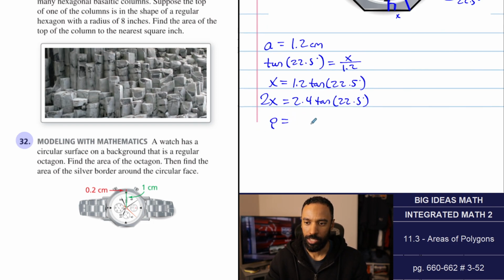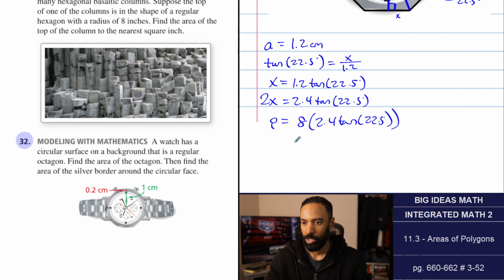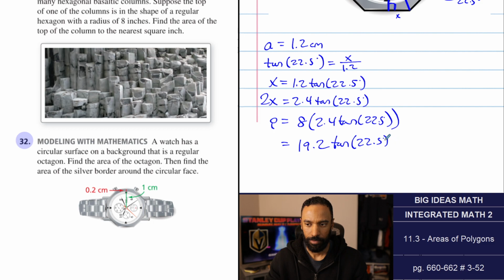So perimeter is 8 times 2.4 times tangent of 22.5, which is 19.2 times tangent of 22.5, I hope. So your area of the octagon is 1/2 apothem times perimeter.